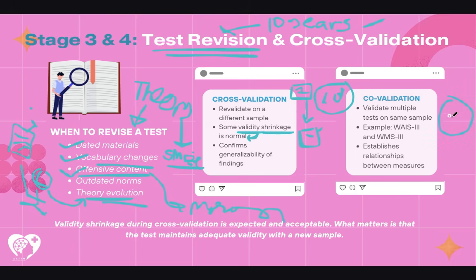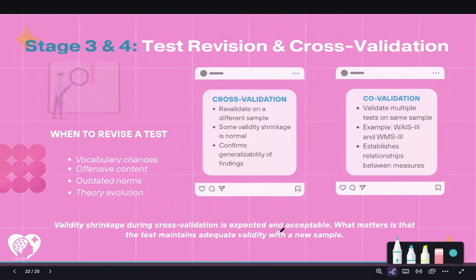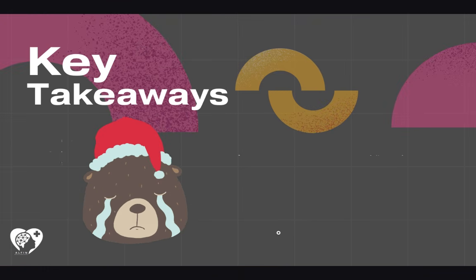So they hire a certain group of people, say 1,000 people, like a panel of experts, that will sample or validate and co-norm multiple tests. So essentially, they're still using the same sample for different tests for one test developer. Okay? So that is co-validation and co-norming. That is to cut back on cost in terms of test development.